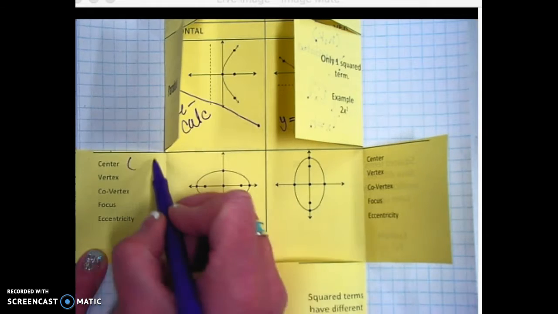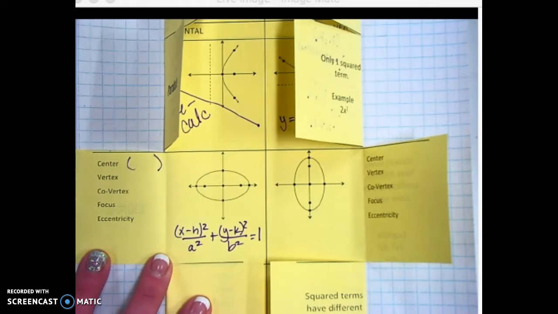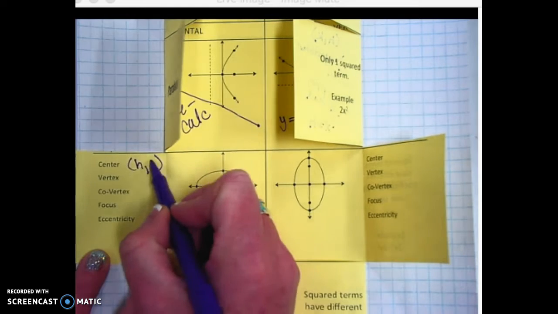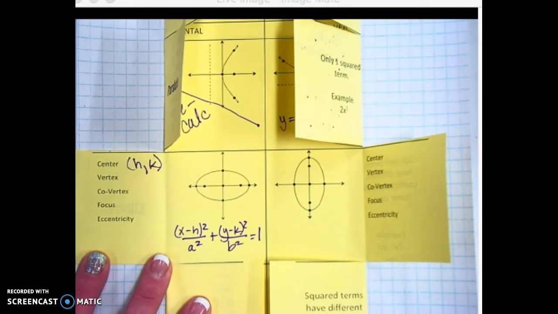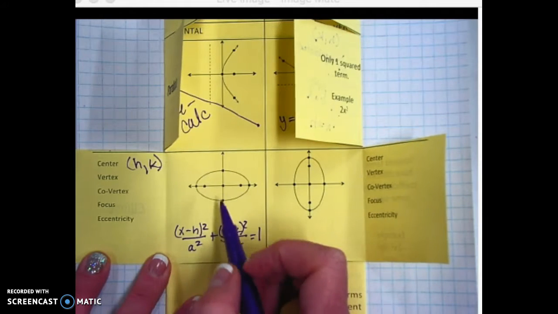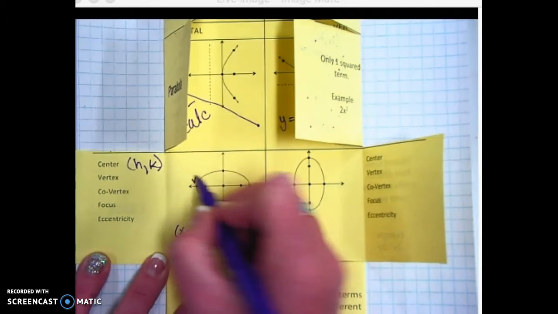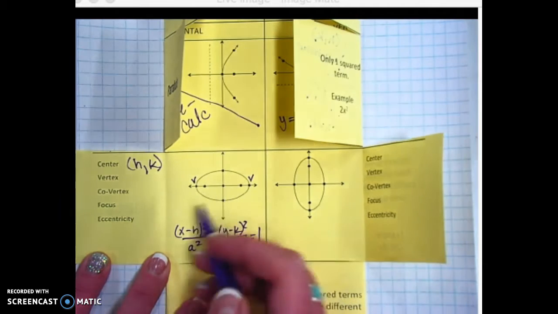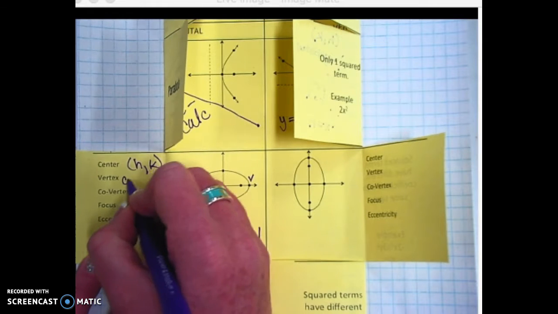So our center is where? HK. Just like it was up there with the circle, right? Just like it was with the vertex, okay? So in order to find the vertex, we'll put a V here and a V here, you're going to count it.